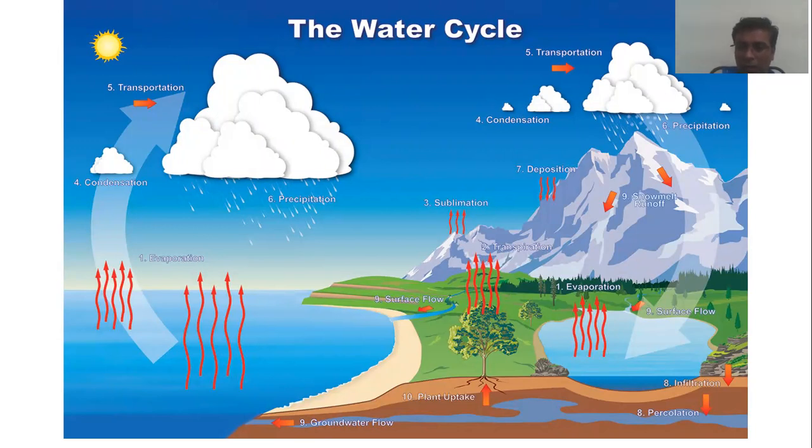The surface water, that is the water present in the sea, ocean, rivers, and lakes, slowly evaporates and is converted into clouds. That is the first process.